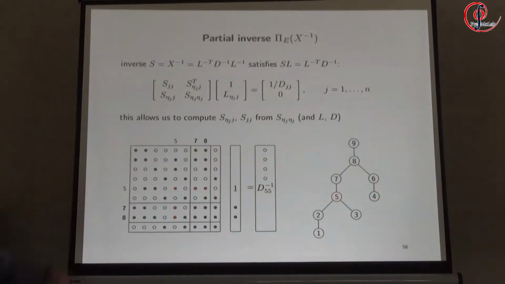If you look at only these three equations, then you see that you can evaluate the diagonal, the first column and the row, if you know this block. Then you can easily solve for Sjj and S eta j. If you know this block, then you know L and D.